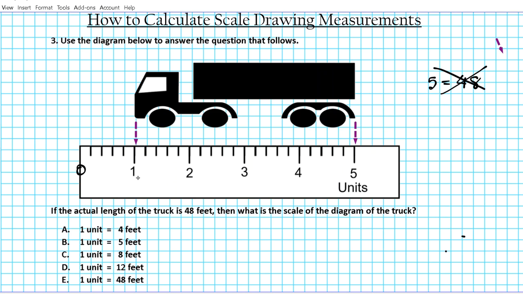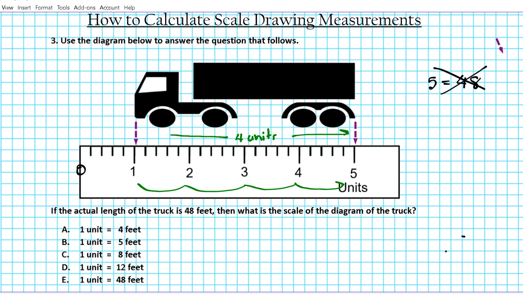So if you're going from 1 to 5, how many units is that? 5 minus 1 is just 4, right? So 1, 2, 3, 4. So that's 4 units. That's the span of this model truck using the ruler that we have here.